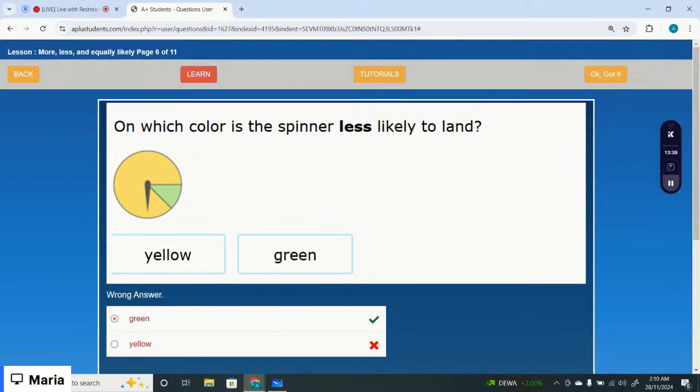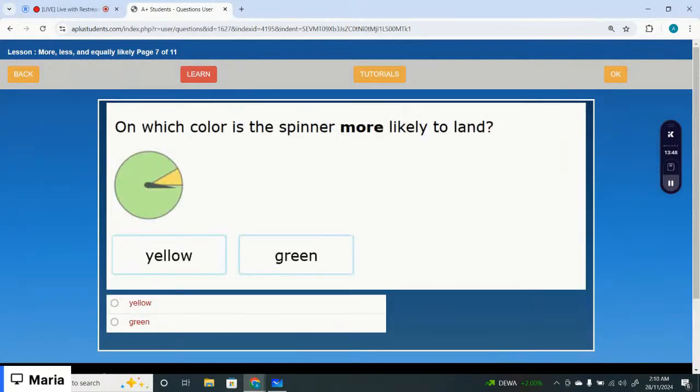The question is less likely, sorry. So less likely to land on green. On which color is the spinner more likely to land? On which color is the spinner more likely to land, which is the correct option?